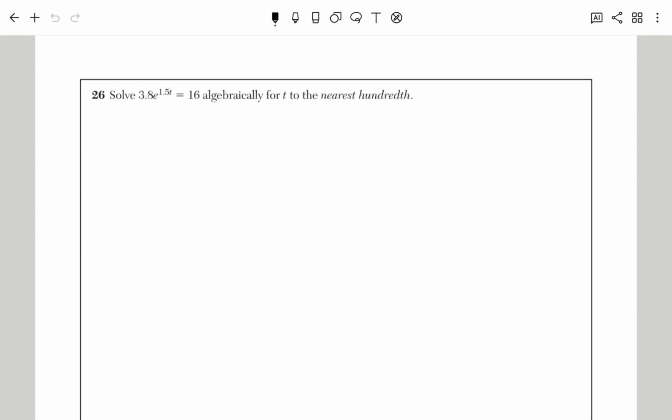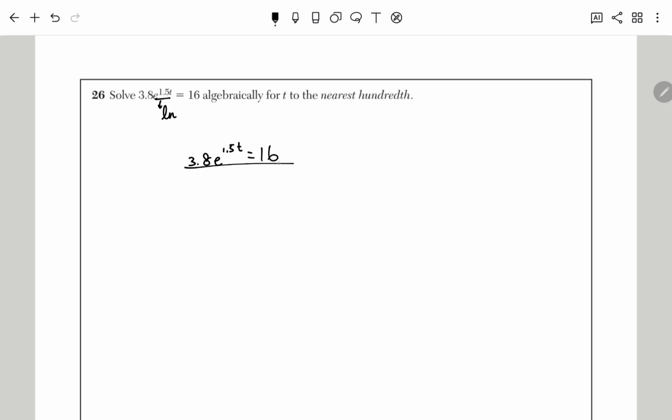Question 26. Solve 3.8e to the 1.5t equals 16 algebraically, to the nearest hundredth. We have e, and to reverse it we have to use ln. So we have 3.8e to the 1.5t equals 16.